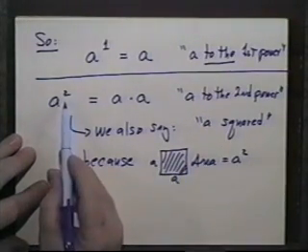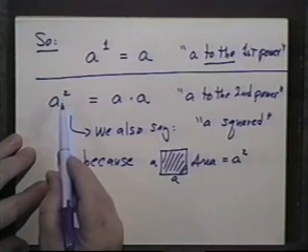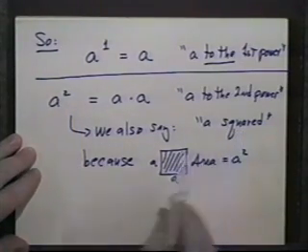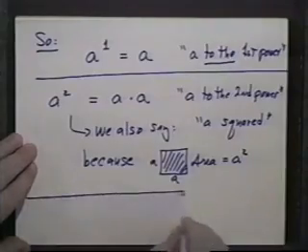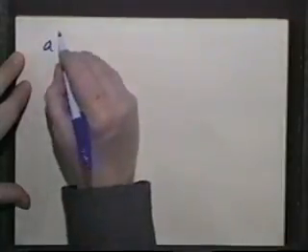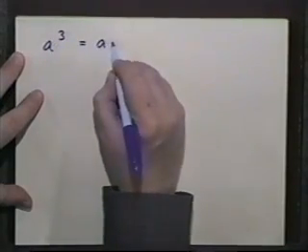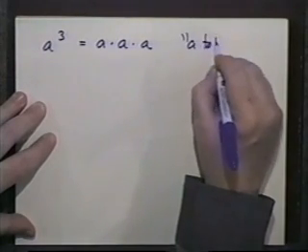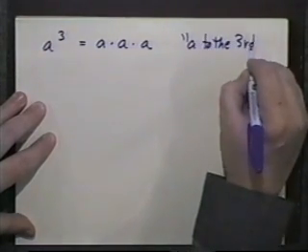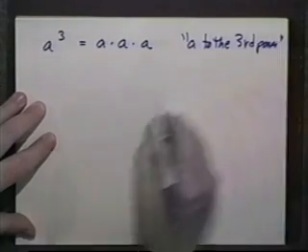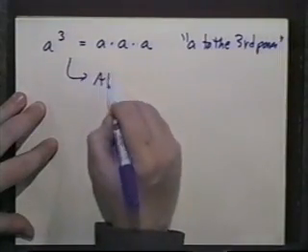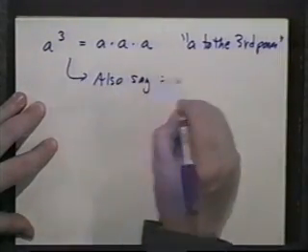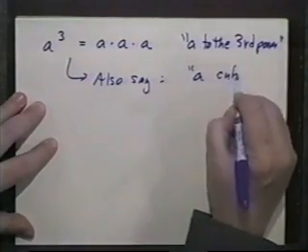Now, most of the exponents we see will not have their own special names, like A squared. But A squared does, and there's one more, the very next one, A cubed. So A to the third power is A times A times A. We could say A to the third power, if we like. We also say A cubed.